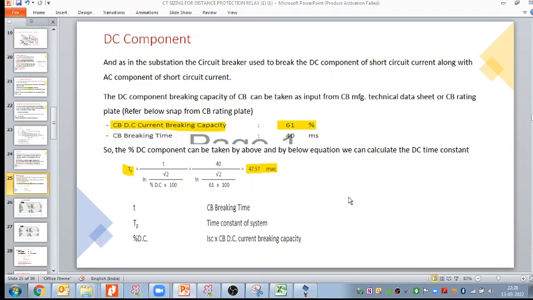For coordination purposes, if I disable the instantaneous protection and do not use it, then I can adjust the opening time of the breaker for coordination purposes. If I do that, do I have to take that opening time of the breaker, or do I still go with the 40 milliseconds?